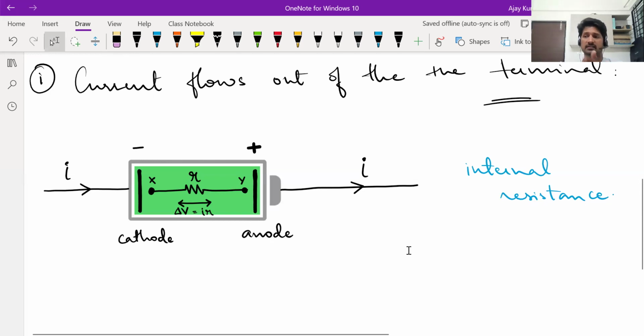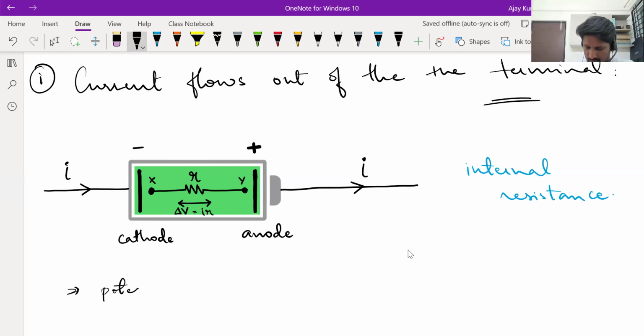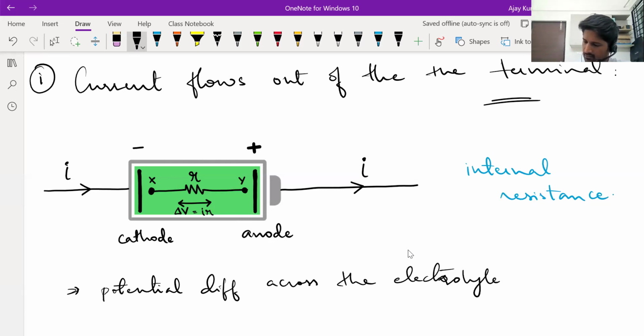And where is the internal resistance? It is present in the electrolyte. The electrolyte itself offers the internal resistance. That means the potential difference across the electrolyte is now Ir.